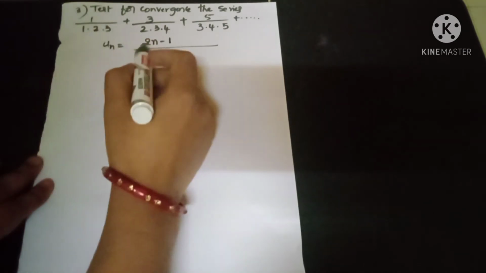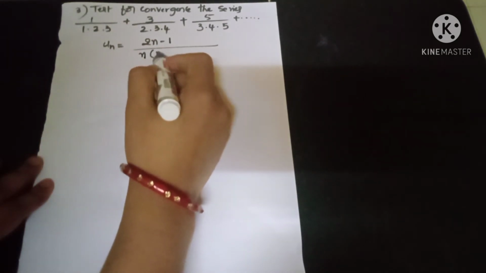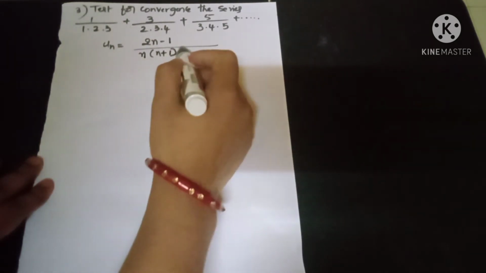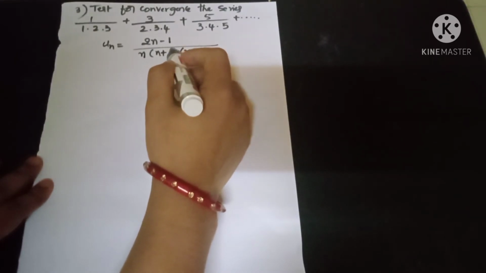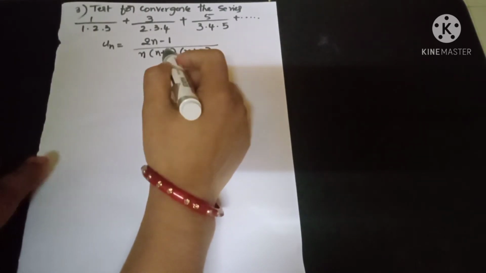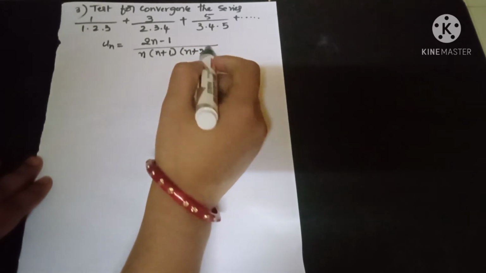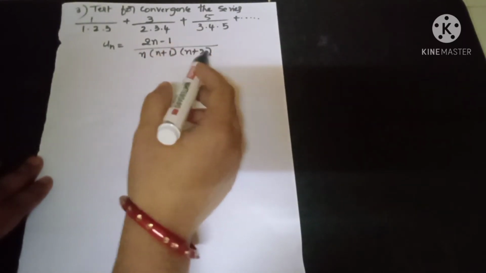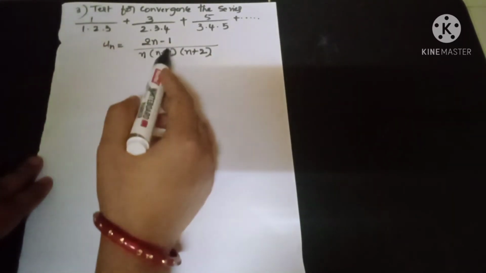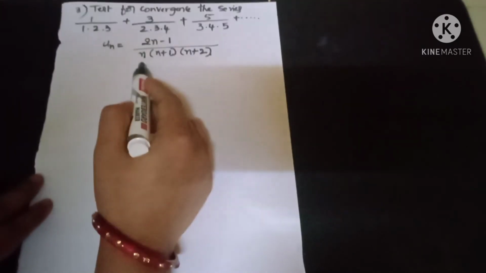So you can write it as n, then 1 greater, n plus 1, then n plus 2. So n, n plus 1, n plus 2.